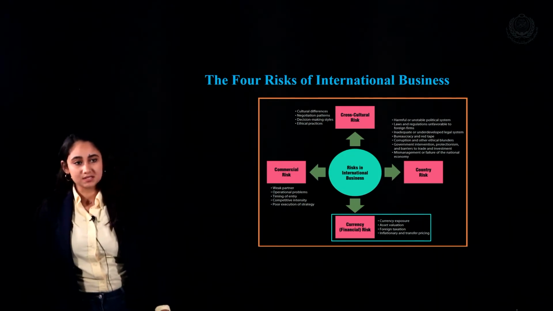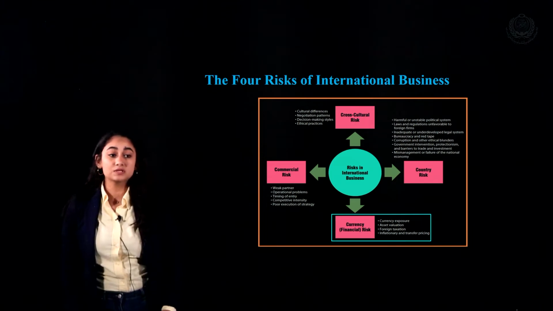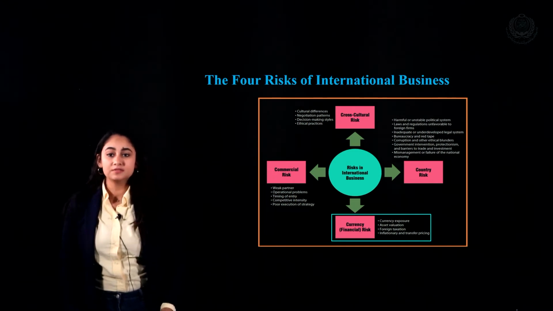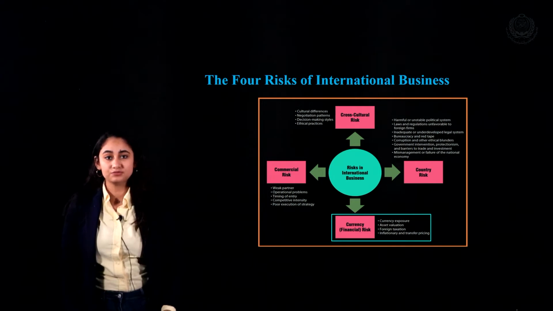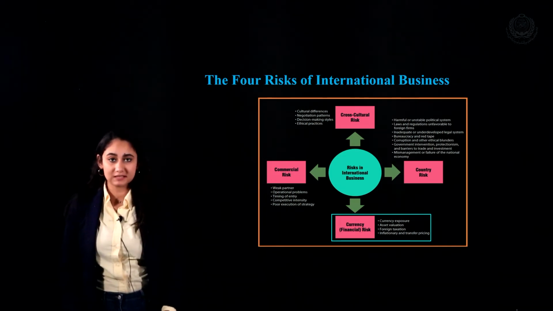So as we were discussing, we are talking about the currency risk, also known as the financial risk. If you remember from the first lecture, these are the four risks that we have to identify, evaluate and study very well in order to ensure that we are managing our business on an international level in the most efficient and effective manner.